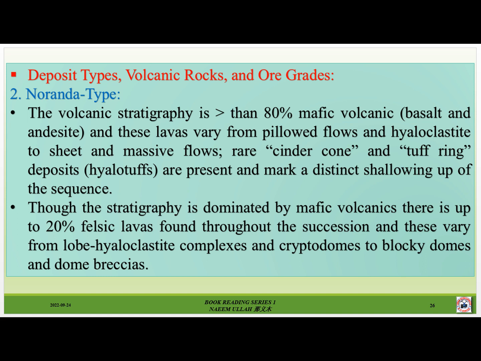Though the stratigraphy is dominated by mafic volcanics, there is up to 20% felsic lavas found throughout the succession, and these vary from lobe-hyaloclastite complexes and cryptodomes to blocky domes and dome breccias.